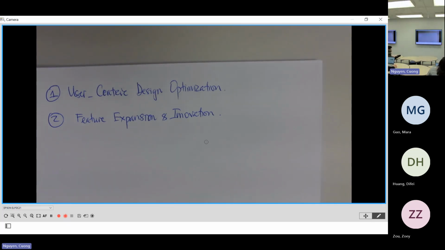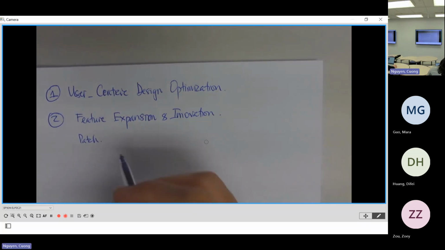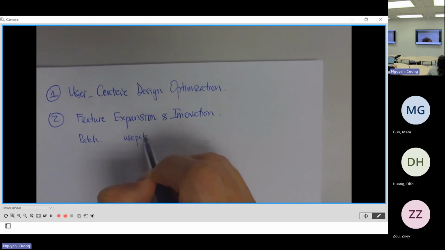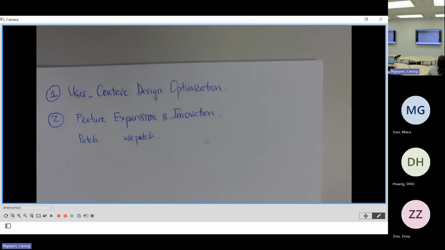Another example is a company related to carbon solution management. This company is Punch, and you can use Google to see the introduction of the company.